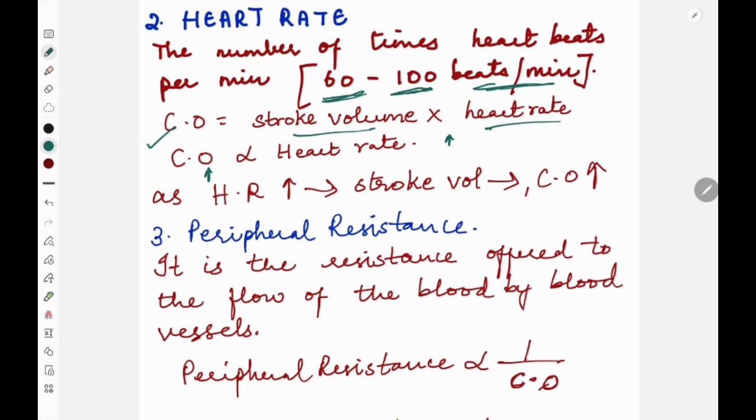If the individual's heart rate is about 80 beats per minute, then the cardiac output will be 70 into 80, where 70 is the stroke volume. Usually 72 is the average normal heart rate. So if this value increases, ultimately cardiac output will also increase. This is one of the important factors.